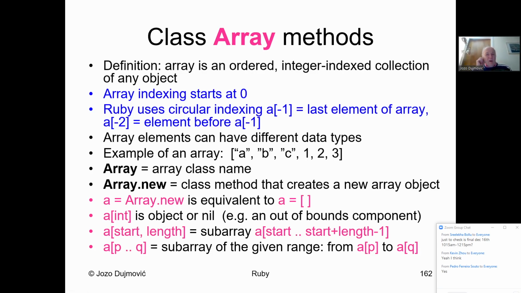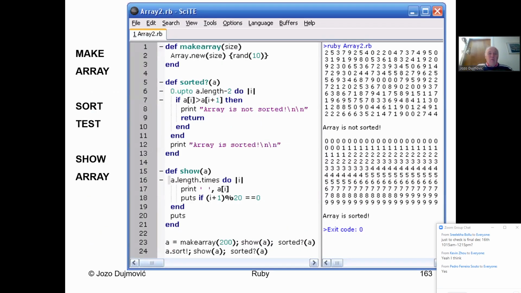Here is an example of how we make an array. So make array program has argument size. So I say array new of size is creating an array that has size components 0, 1, 2, 3 up to size -1.